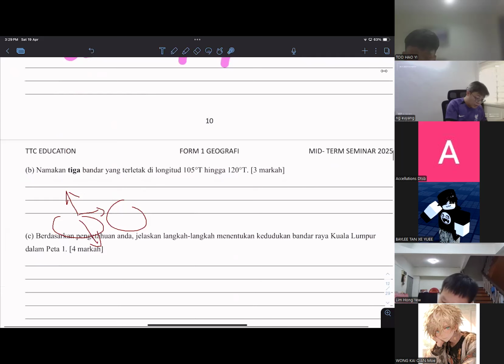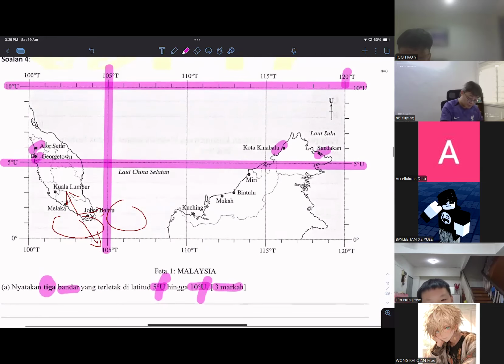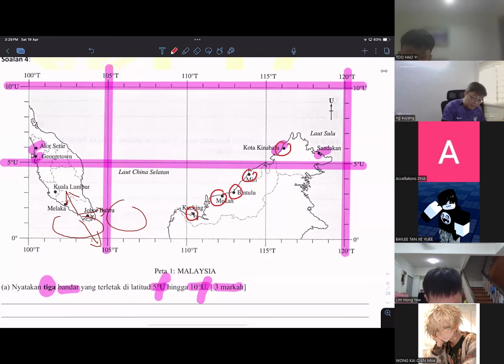Next question, 3 more cities for 105 Timur, 120 Timur. Timur is what we call longitude. So I draw for you 105 to 120. How many cities are in this region? We have Kuching, Mukah, Bintulu, Miri, Kota Kinabalu, and Sandakan.